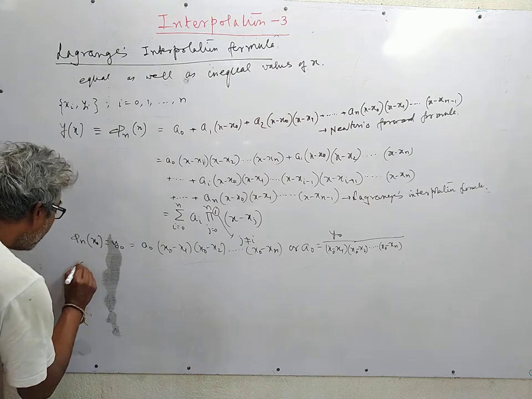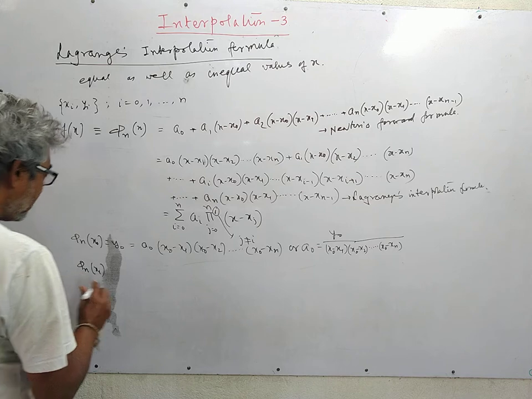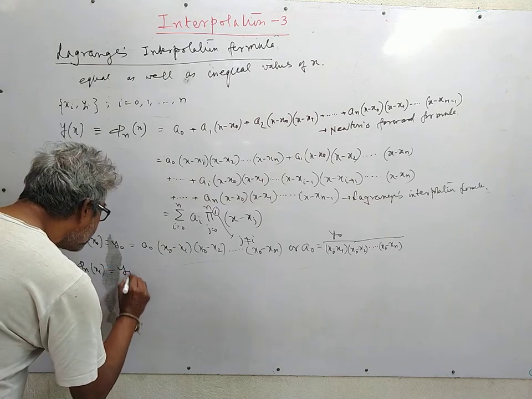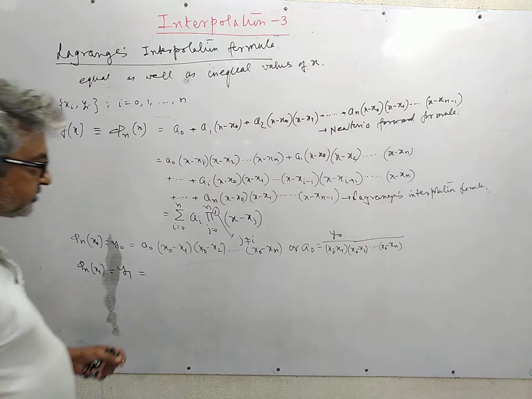Similarly, if we put x equal to x1, phi at x1 is y1. This is the basic requirement of any interpolation formula, that at each of the supplied x values the interpolating polynomial exactly matches the corresponding y values. There is no estimation.